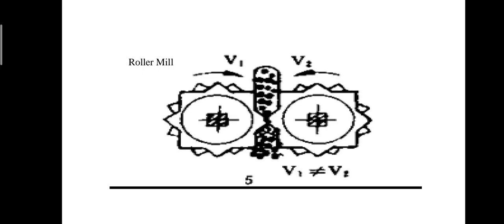The rolls counter rotate either at the same speed or one may rotate faster. Roll surface may be smooth or have various grooves. Pairs of rolls may be placed on top of one another in a frame.